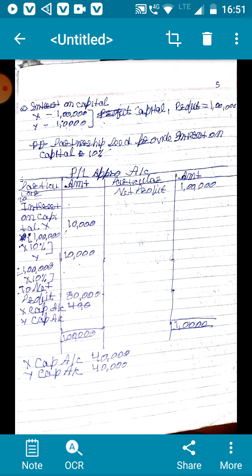Therefore, interest on capital to X is 10% of 1 lakh, that is 10,000, and to Y is 10% of 1 lakh, that is 10,000.